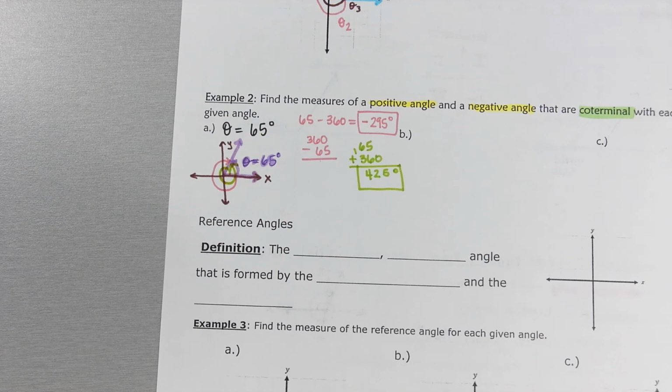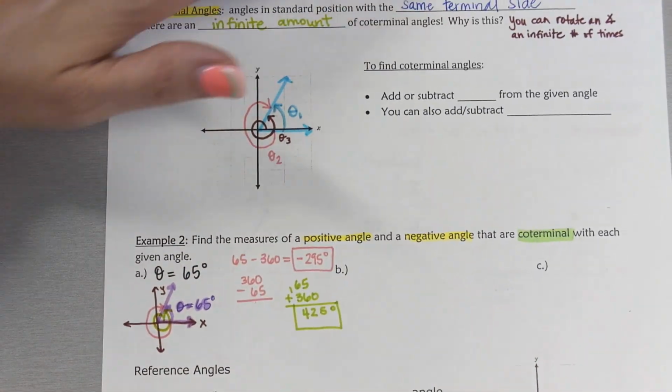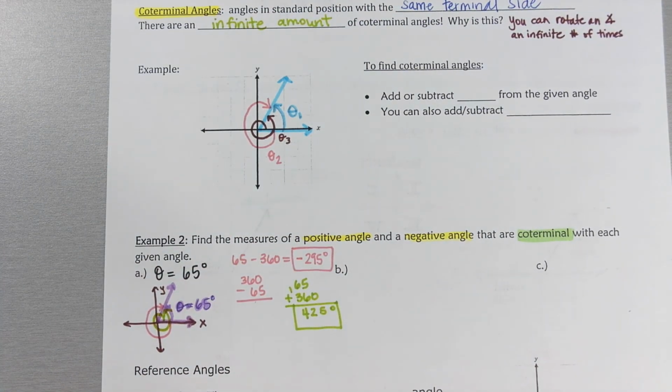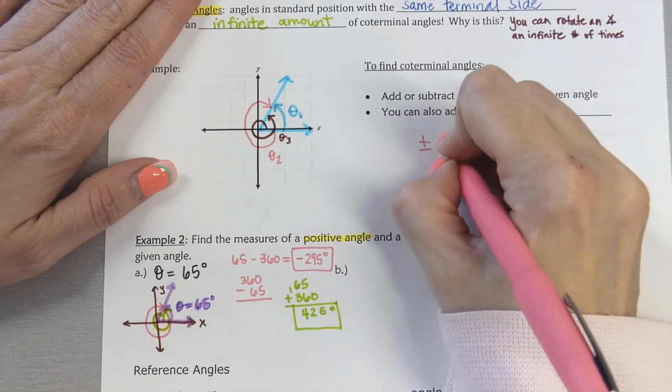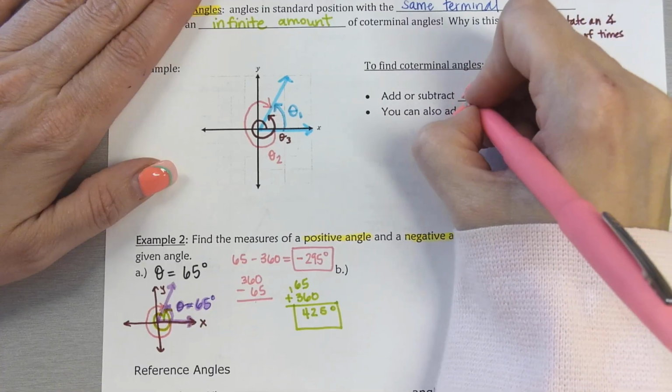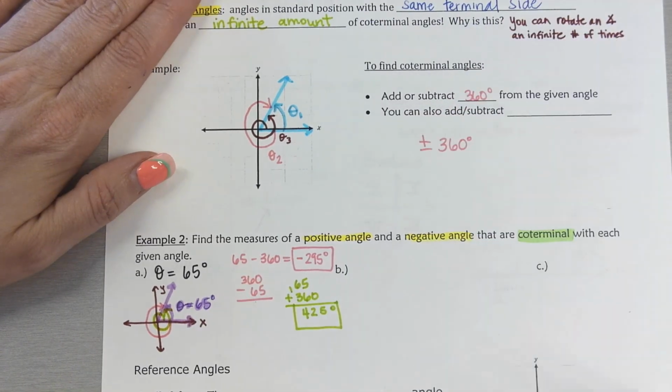So in the first one, we subtracted 360 from the angle. Okay, for this one, we added 360 to the angle. So to find the coterminal angles, all we have to do is add or subtract 360 degrees. Okay, and you guys found that.